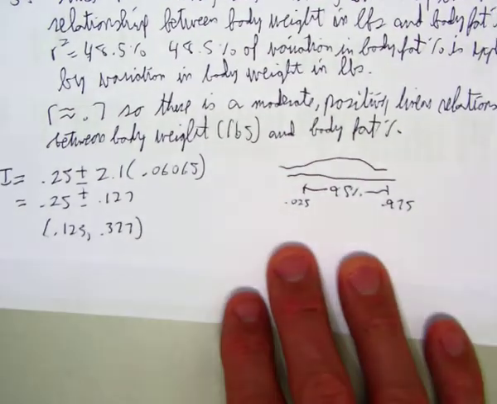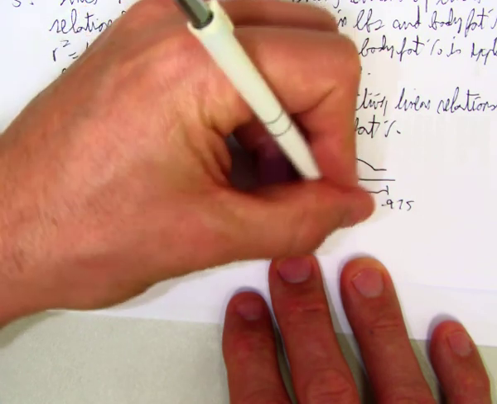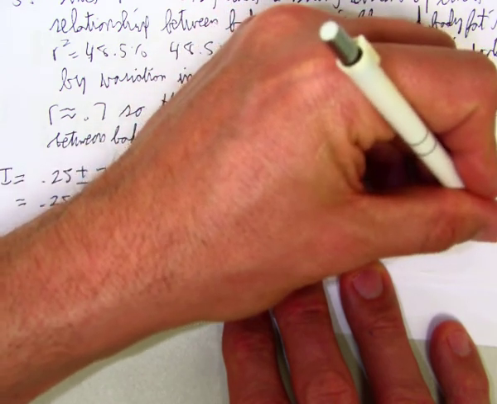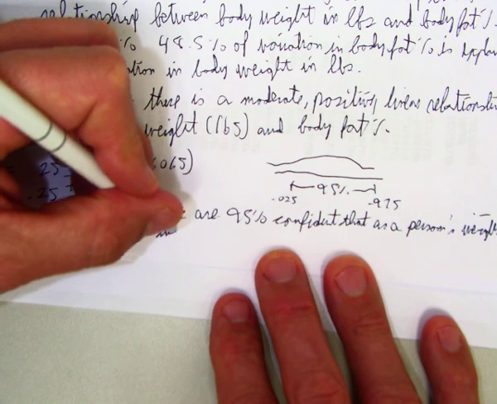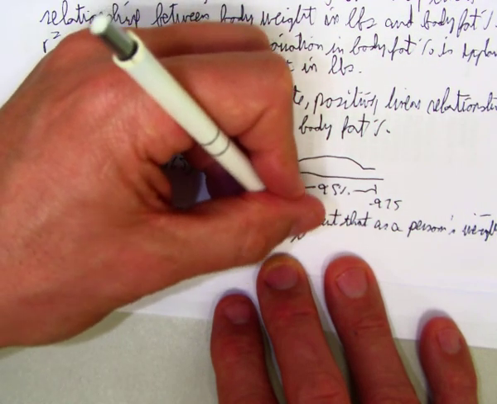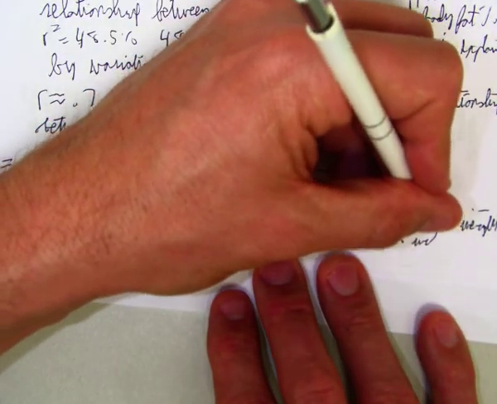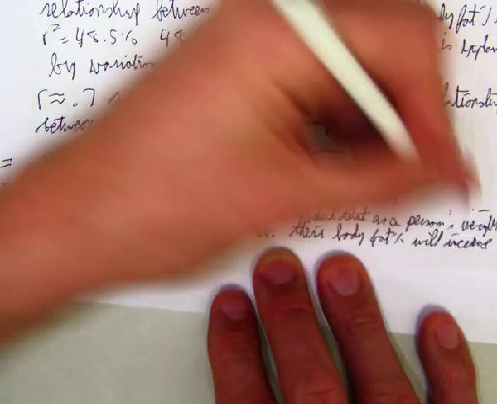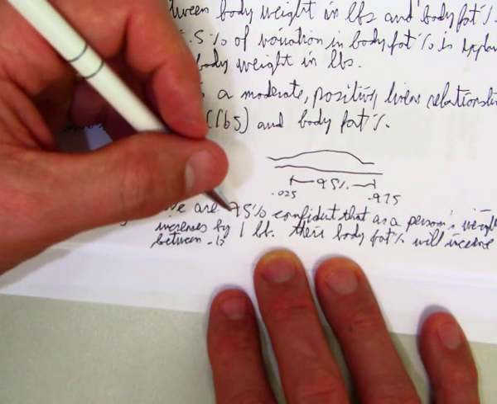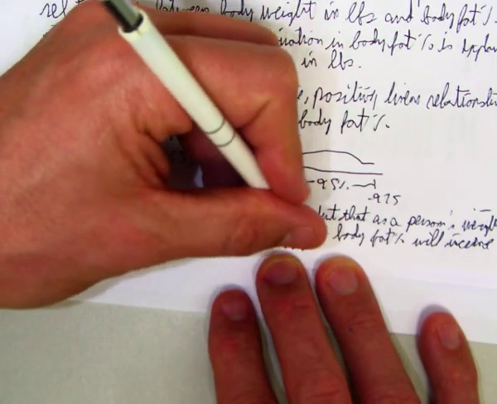Okay, so here's the deal. We are 95% confident that as a person's weight increases by 1 pound, their body fat percentage will increase between 0.123%, and 0.377%.